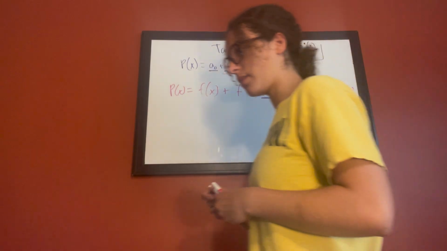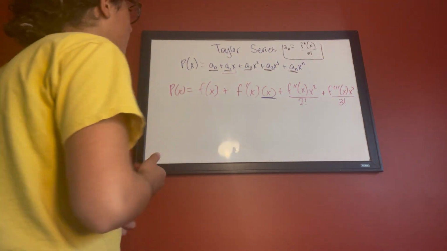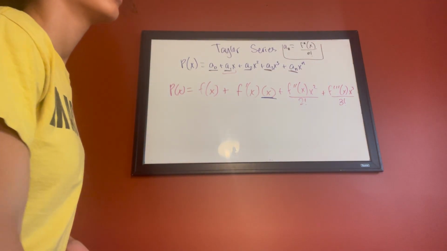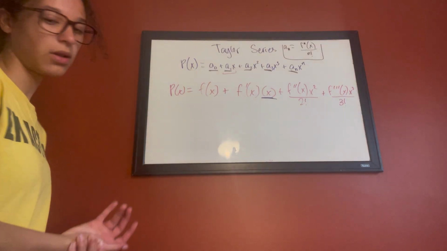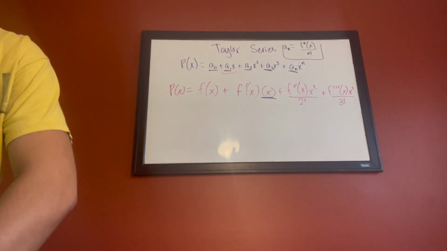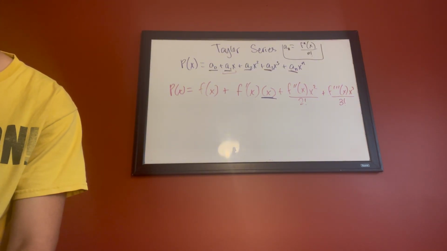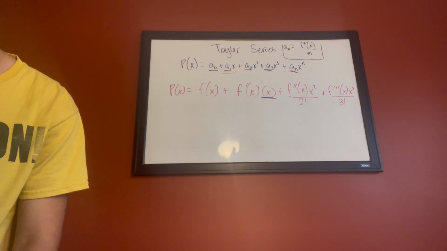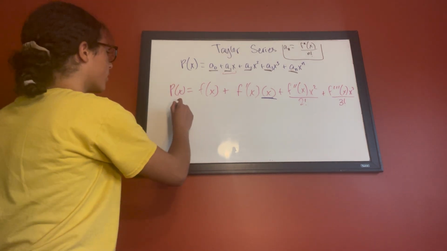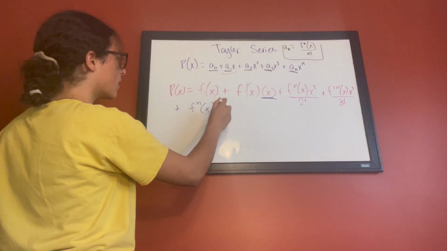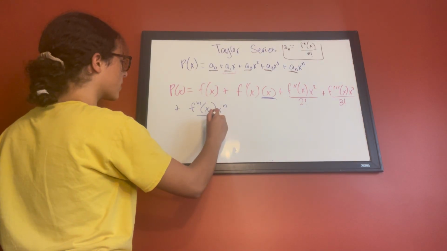Okay. What's the last thing that I wanted to note? You will sometimes see a Taylor series with, I'll just add a final term, right? Plus f to the n of x, x to the n over n factorial.